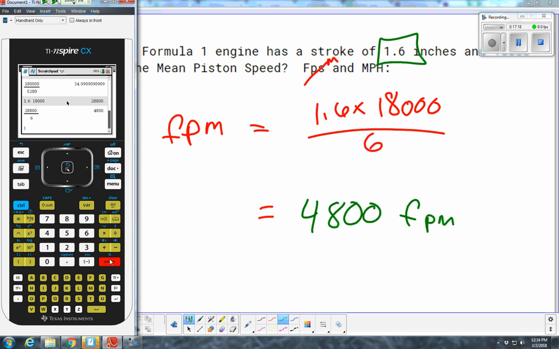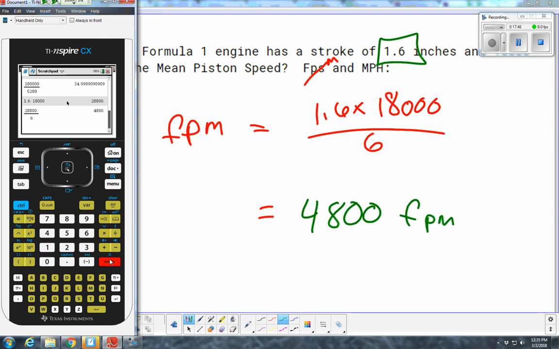So he has a little bitty stroke, which allows him to go real fast. Lots of little mini power strokes. Does that make sense? So a little mini stroke means you can run that thing a little bit higher on the RPMs. And they have the advantage of using very exotic materials that don't overheat and stuff like that. But they run really little strokes.